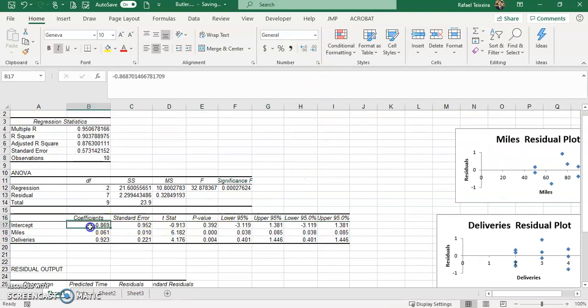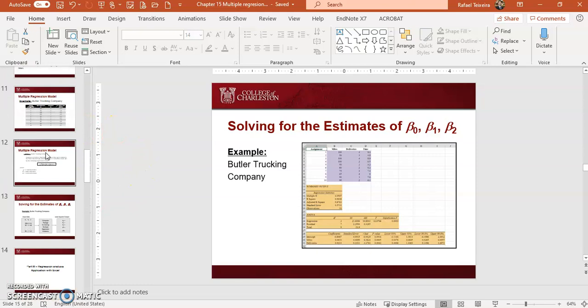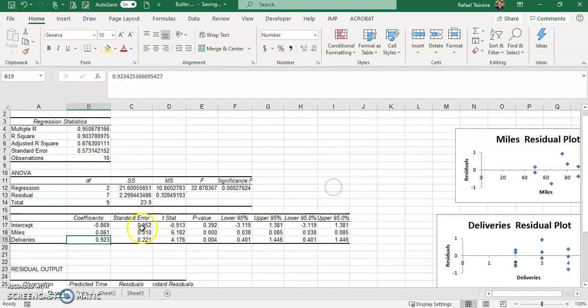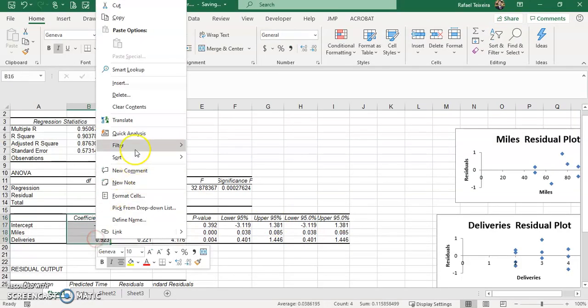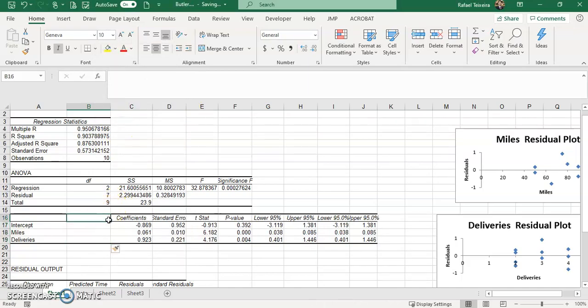Here you see that we have the intercept, the coefficient associated with miles, and the coefficient associated with deliveries. Let's go back to our problem, and remember we have Y, and B0 is our intercept. I'm going to open a column here to help with the coefficients.